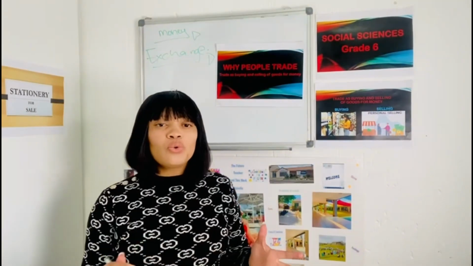Yes. So when people sell things, they decide on the value first. This means they decide on the amount of money that something is worth. It is the price we see in the stores.